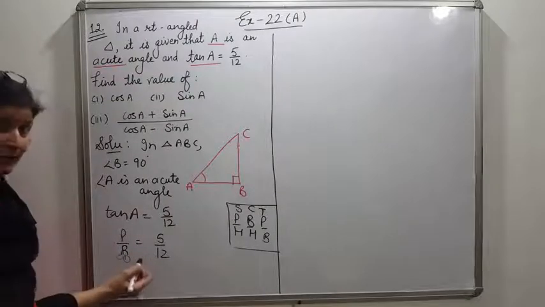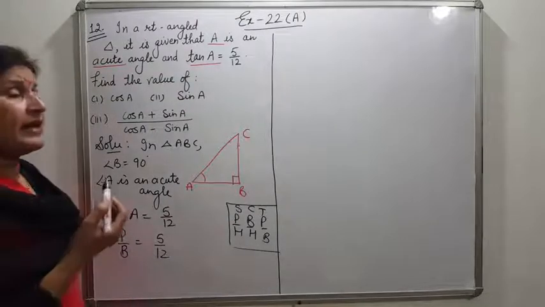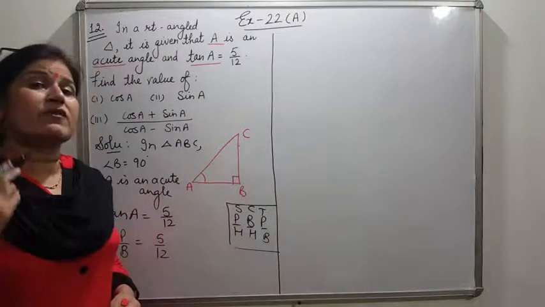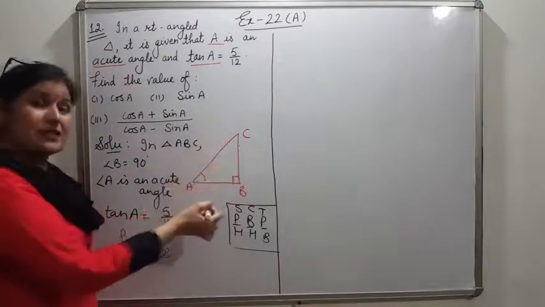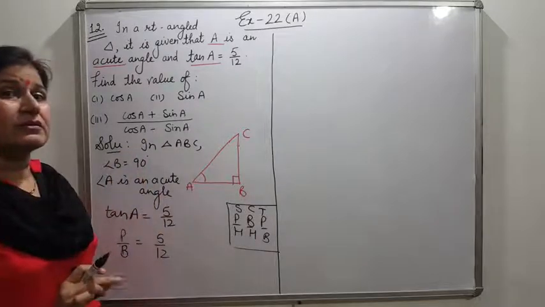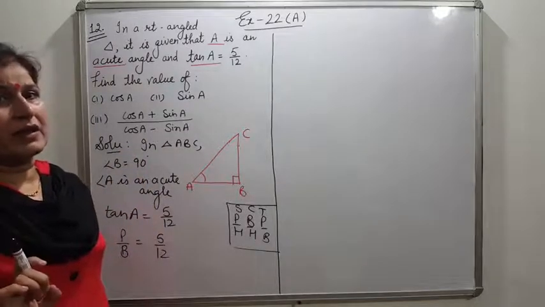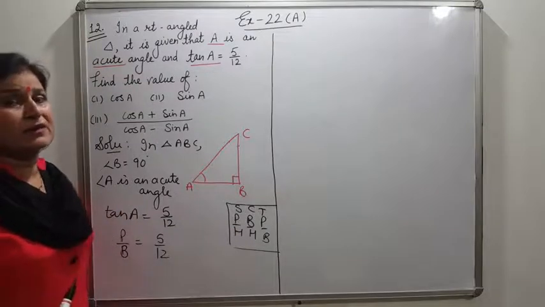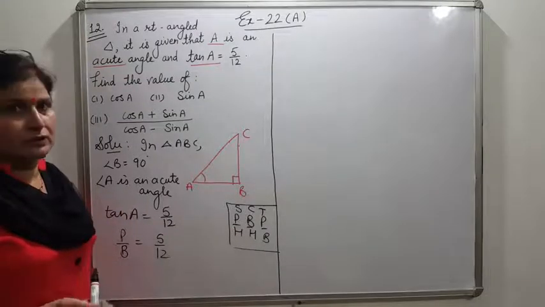So here when we compare, you can take x also, y also, any variable, but here we will not take one. Why? No length is given. If the length of any side is given in the triangle and the ratio is given, that time we need to take a variable with the ratio and then we find out the values.